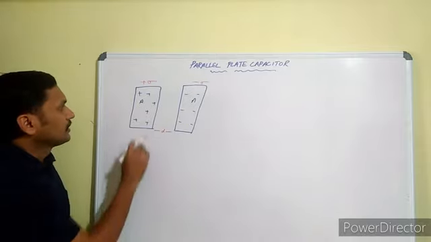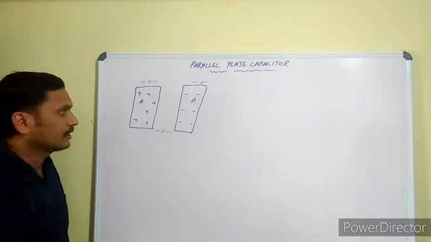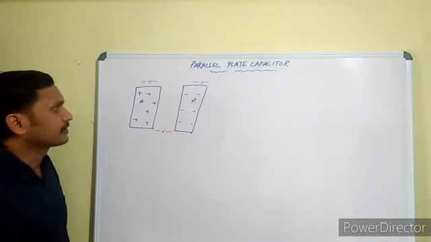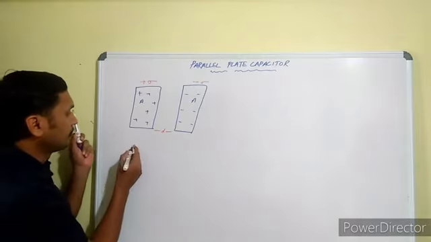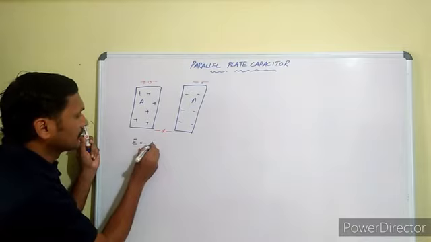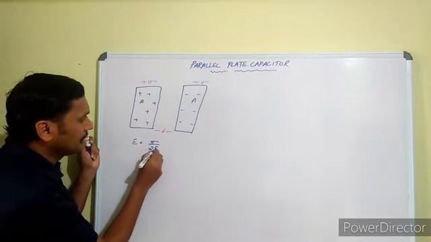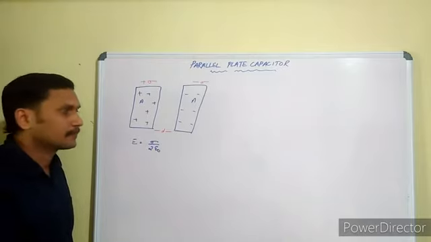And the charged plate produces an electric field. You already know that the electric field produced by a charged plate is E equal to sigma by 2 epsilon 0. That is the electric field due to a charged plate.